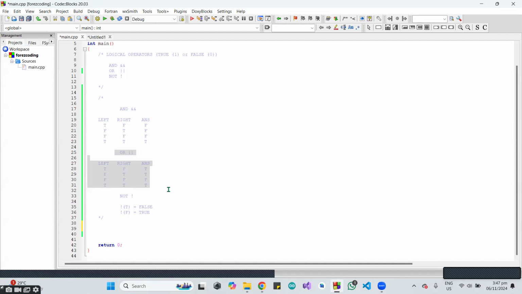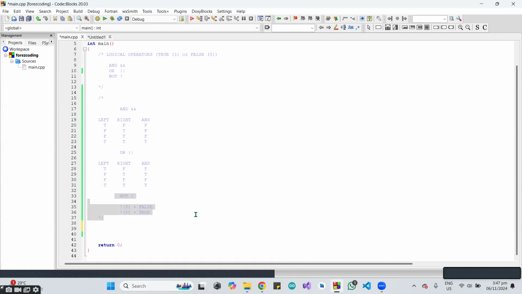Again, in OR operations, as you'll notice, if there is a true from either the left or right operand, the answer is true. There is true, there is false, the final answer is true. There is false, there is true, the final answer is true. It can only be false if both operands are false. I hope that makes sense, and that is also clear.